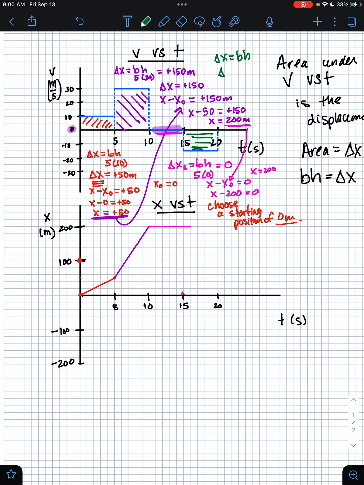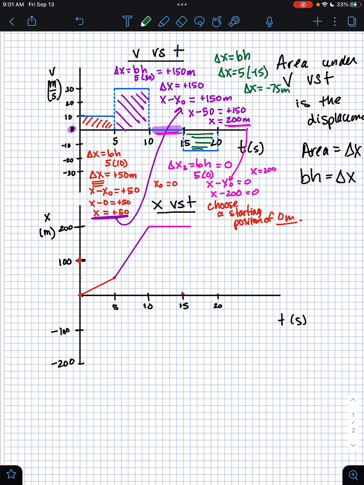And so that displacement is going to be 5 seconds at, this time I'm going at negative 15 meters per second, because I'm going in the negative direction. When I do that, I get negative 75 as my displacement.